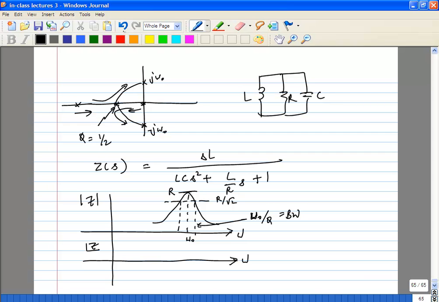Then you can plot your angle. It starts off at plus 90, and at omega naught goes to 0 because it becomes purely resistive.